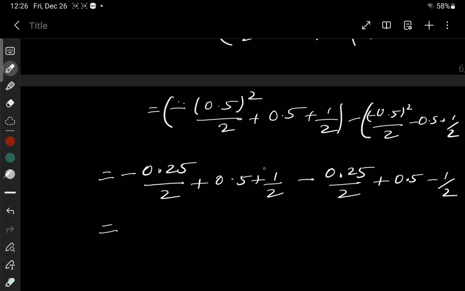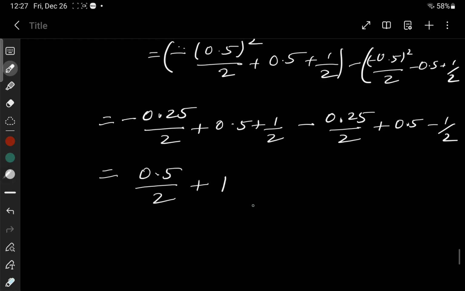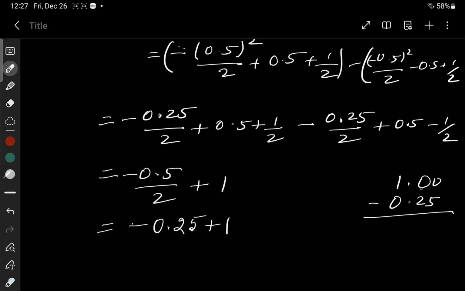Add the numerator terms: 0.25 plus 0.25 is 0.50, and 0.5 by 2 plus 1 gives 1.5 by 2. Dividing, 2 2s are 4, remainder 1, so 0.75. This is the answer.